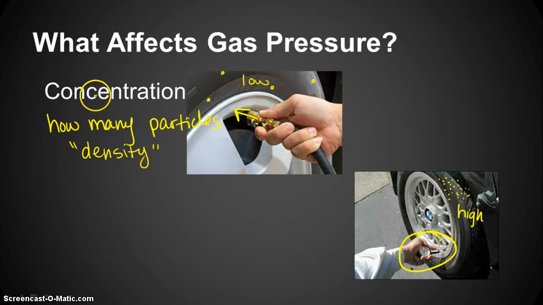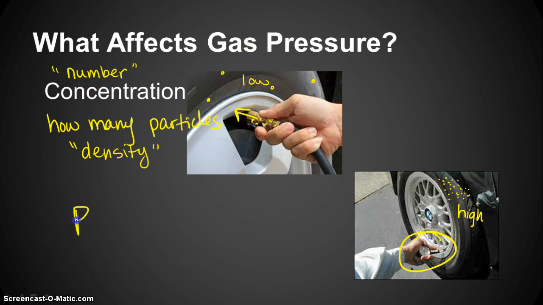So how is it that concentration affects pressure? Well, I don't know that concentration so much affects the strength of the collision, but it certainly increases the number of collisions. And so by adding more particles, we have more collisions, and that's why the gas pressure goes up.